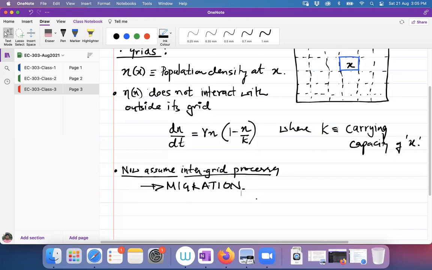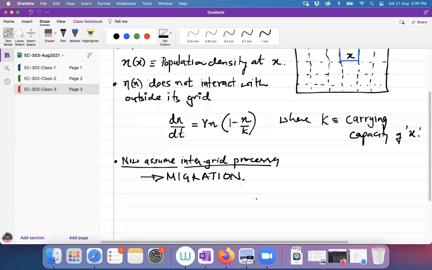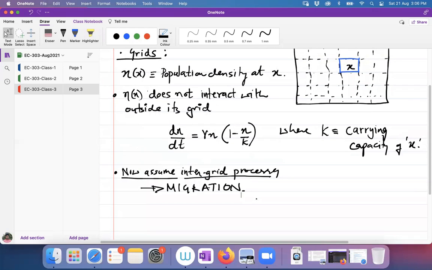Resource sharing among the grids. Sharing what, sorry? Resources. Let us not explicitly model resources for the time being, okay? So migration is, as you rightly said, the most fundamental process that can happen across the grid spaces, right? So what can happen along with migration?